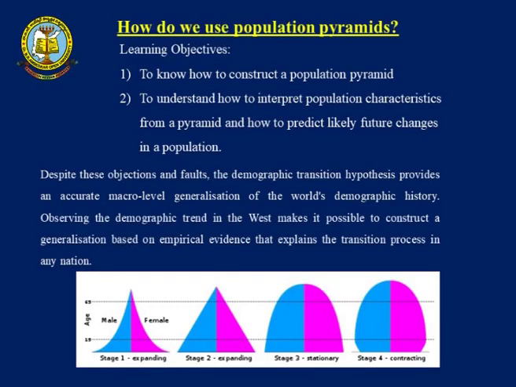So despite these objections and faults, the demographic transition hypothesis provides an accurate macro level generalization of the world's demographic history. Observing the demographic trend in the West makes it possible to construct a generalization based on empirical evidence that explains the transition process in any nation.